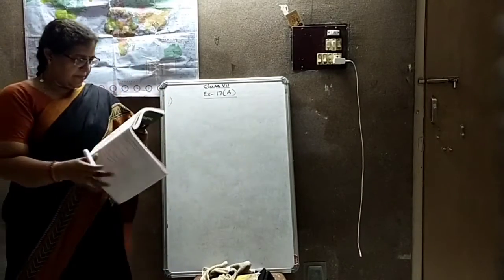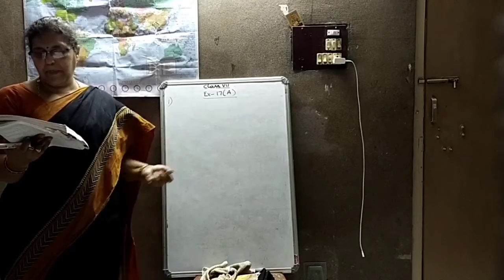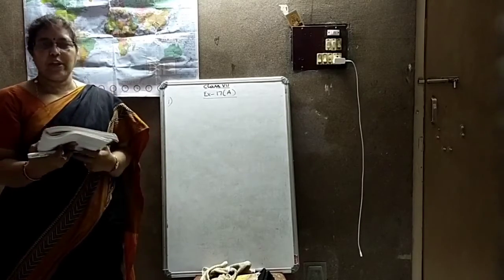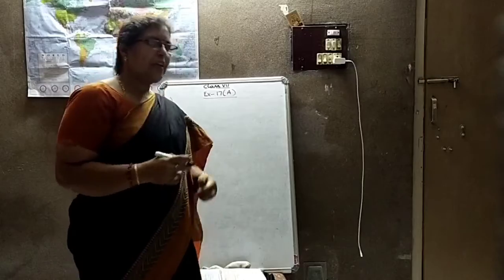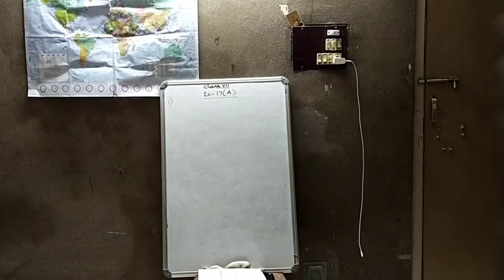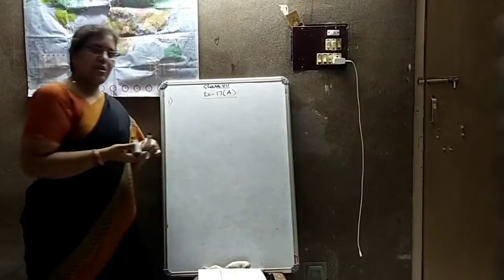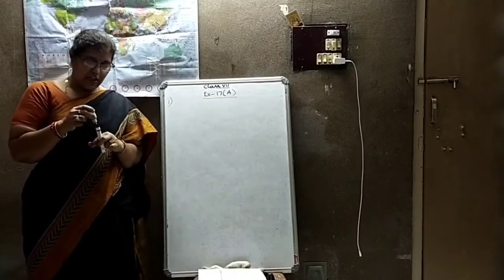Look at this first one. Write the algebraic expression in the following cases using variables, constants and arithmetic operations. What are called arithmetic operations? Tell me once. You know arithmetic operations: addition, subtraction, multiplication, division.